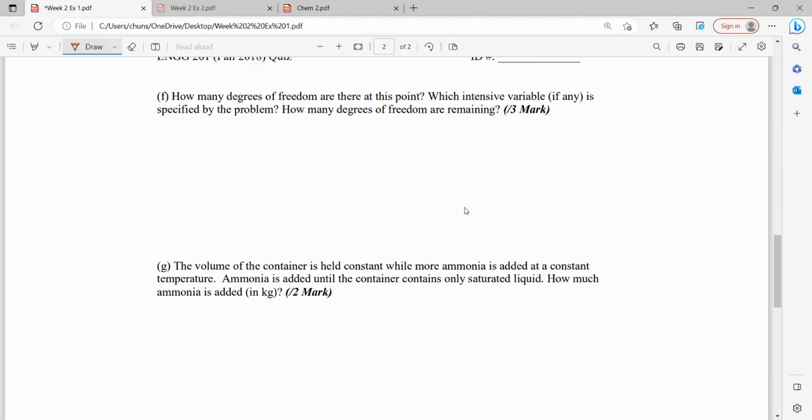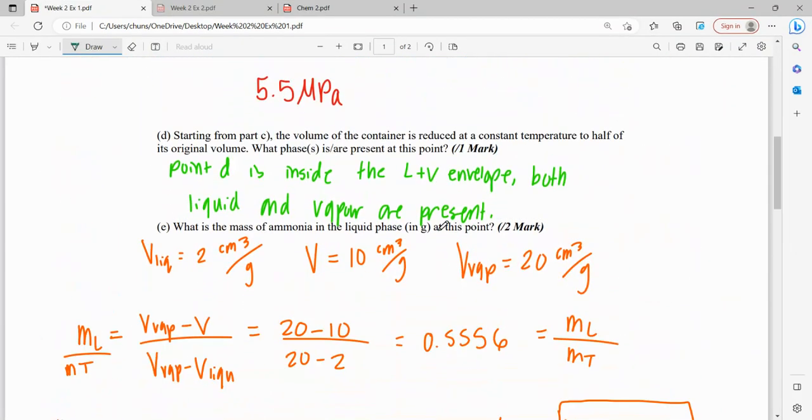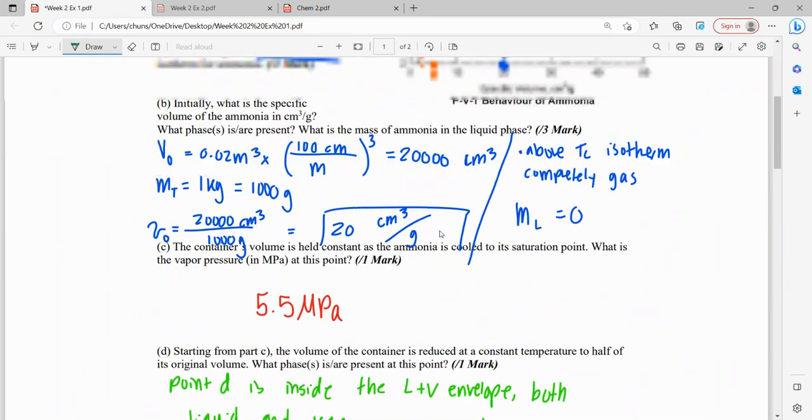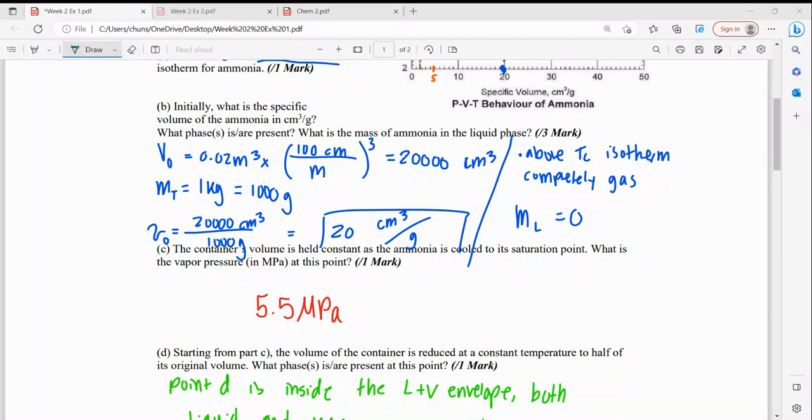Okay, part F, how many degrees of freedom are there at this point? Which intensive variable, if any, is specified by the problem? How many degrees of freedom are remaining? Okay, so in the above statement, our volume was reduced. Actually, no, hold on.